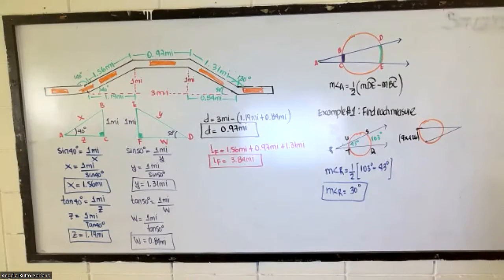We got 35 degrees. And the measure of this angle will be 4x degrees. This is going to be the second one.